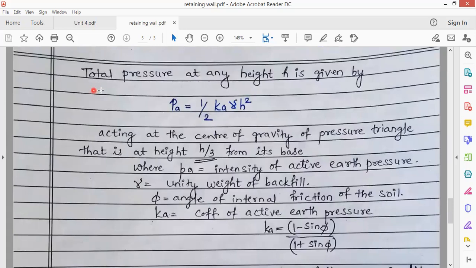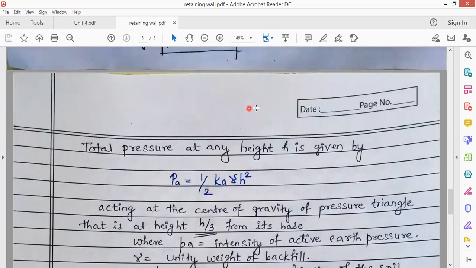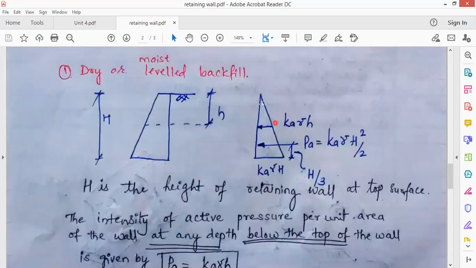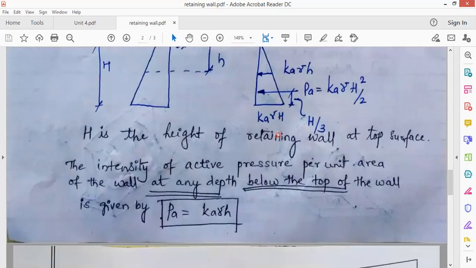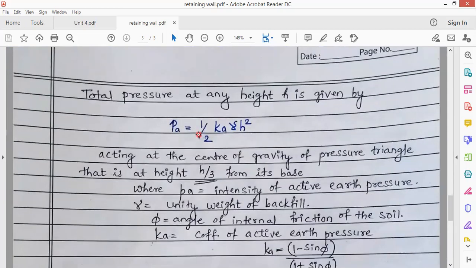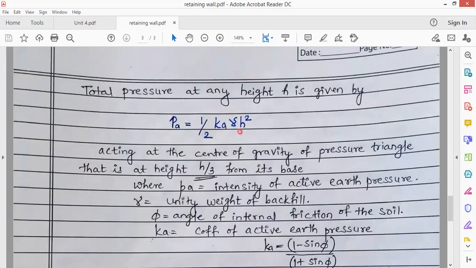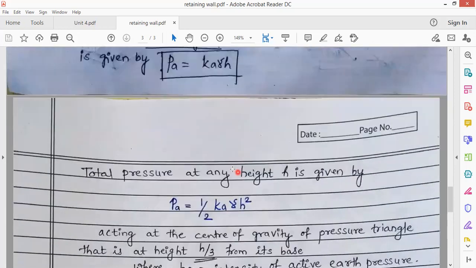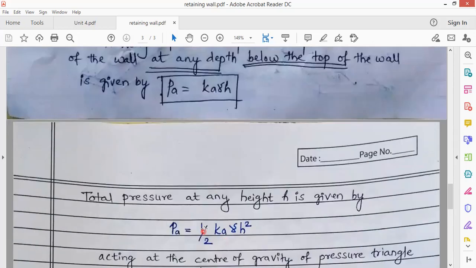But when I want to calculate the total pressure up to any height h, that is given as small Pa, the active earth pressure, equal to half, that is the area of the triangle here. So this is the triangle, and h is the small height up to which I am going to consider. So it is half into base into height.